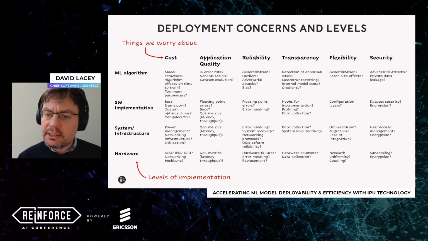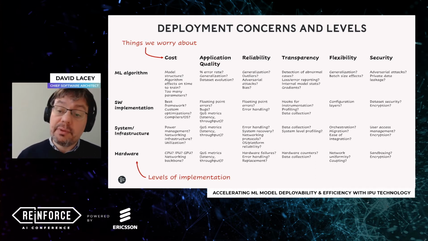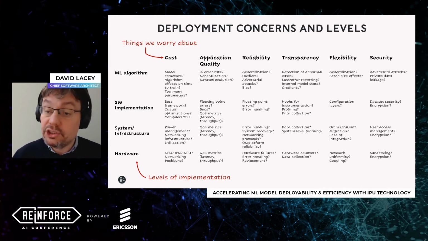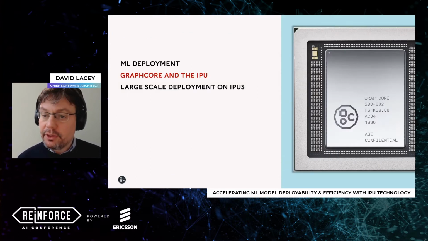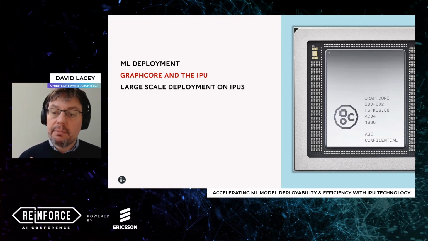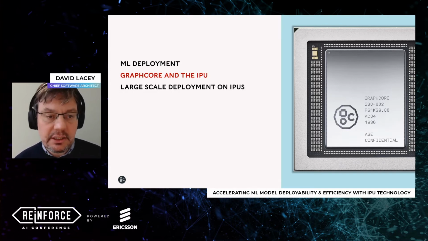Some of these things are very specialized to machine learning and artificial intelligence, and some are more general: any deployed software application would have these concerns, particularly a data center, high performance, scaled out application, which is what a lot of machine learning applications tend to be. So that's what we're thinking about. And GraphCore, the company I work at, is trying to provide a solution to address this well, not just trying, but actually succeeding, in my opinion.